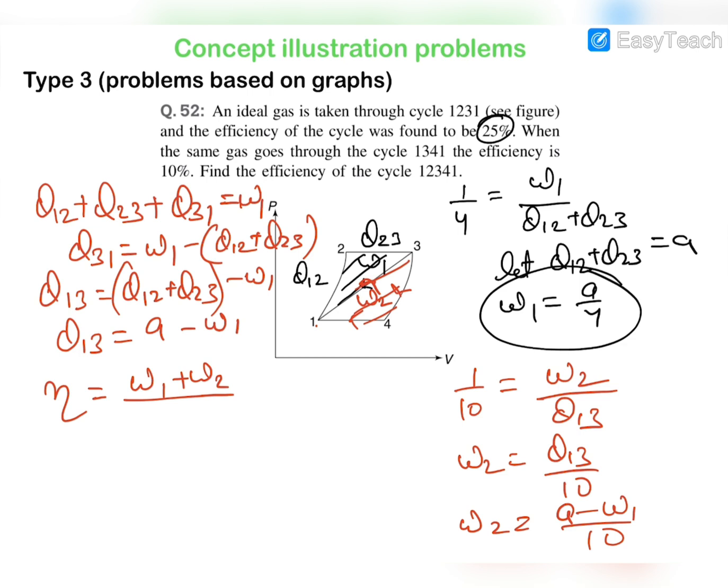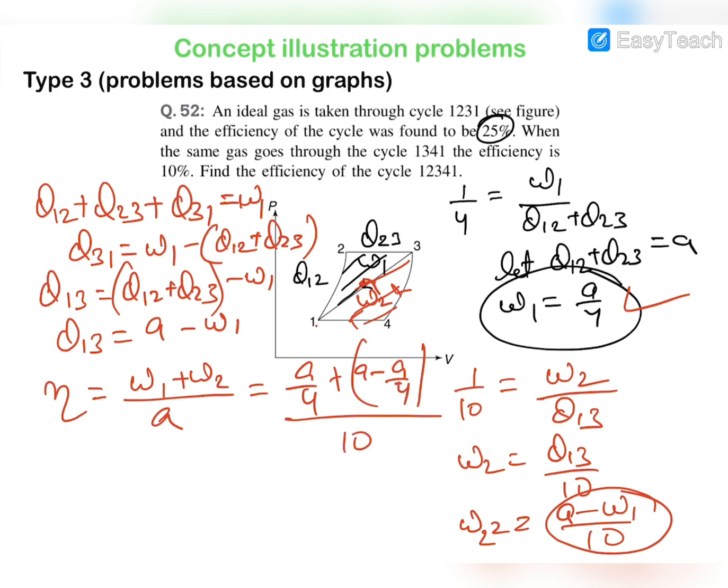So it would be Q12 and Q23, which is A. So W1 can be written as A by 4, and W2 is equal to (A minus W1) by 10, which is (A minus A by 4) divided by 10.